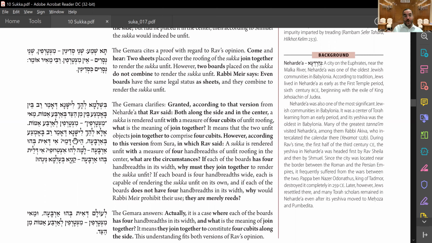Or according to Shemuel, Ridley could have asked this on Shemuel also, but it's asking between the two versions, right? It's challenging the Sura version. This is why I couldn't say that the students of Be'er Rav just means the Bet Midrash, because here they're talking about Rav himself. So anyway, according to that other version, in which Rav said in the middle, only 4 tefachim is posel in the middle.